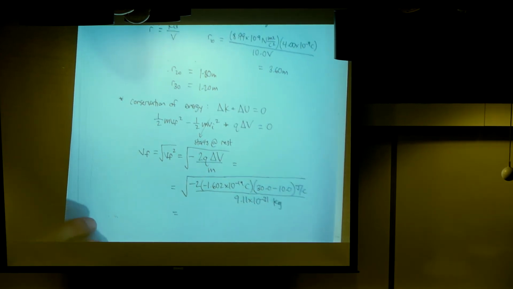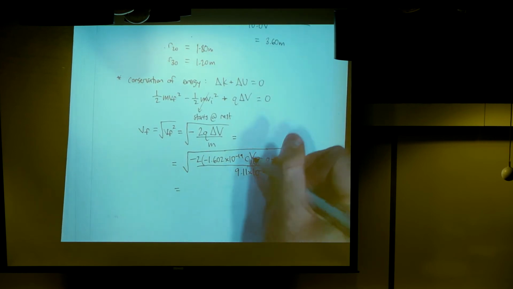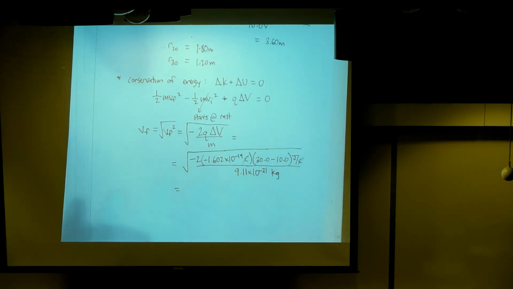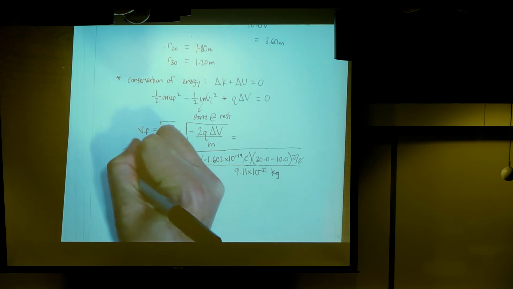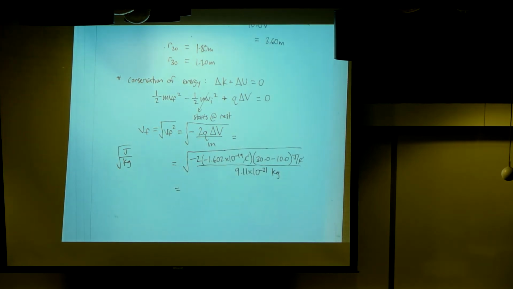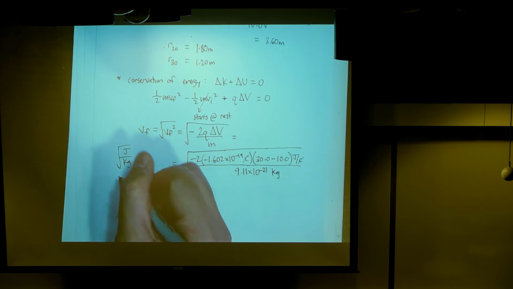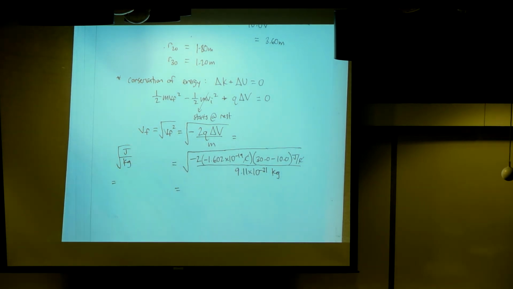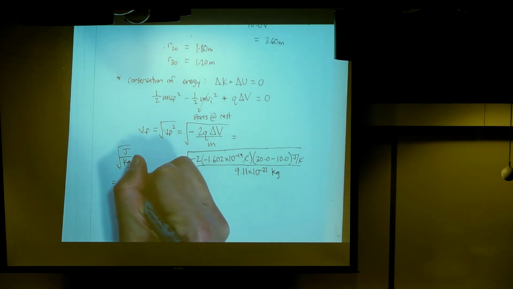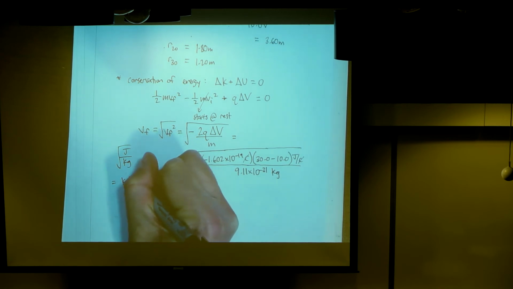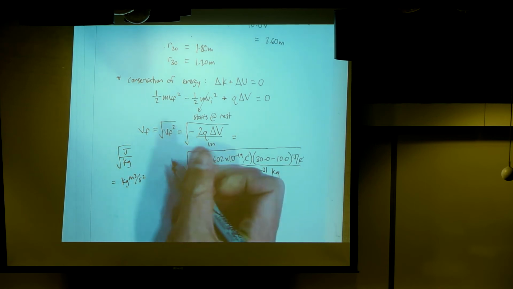And while we're doing that, let's just think about the units real quick, okay? Coulombs cancel out. And then I have joules per kilogram under the radical, correct? Unit-wise, that's what we have. Can anyone see a useful way of expressing the unit of joules here? Yeah, a joule is a kilogram meter squared per second squared.